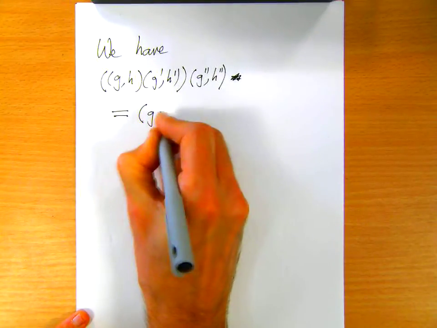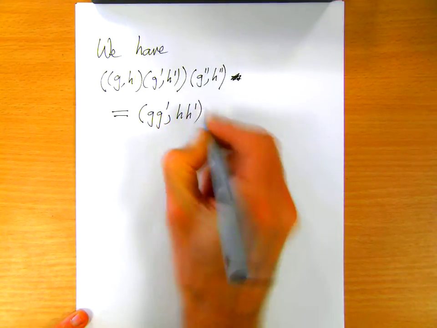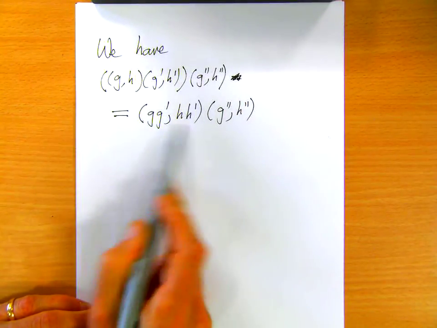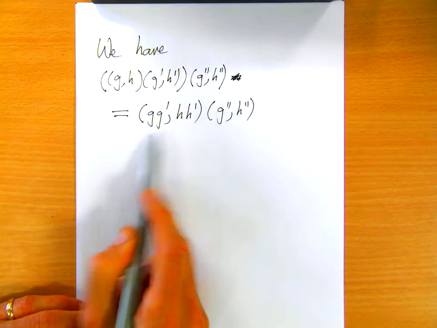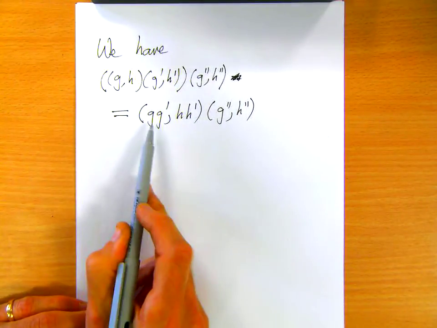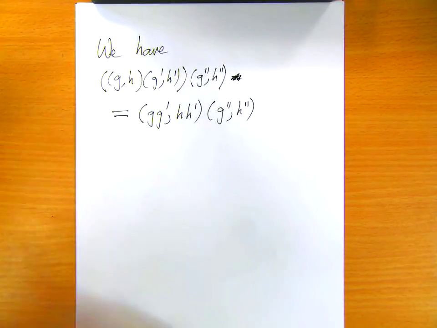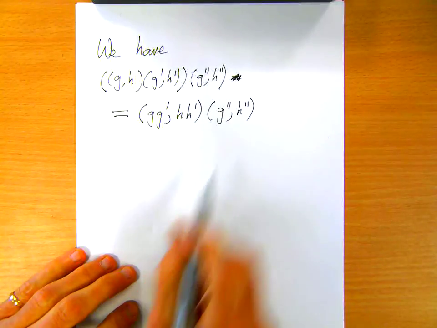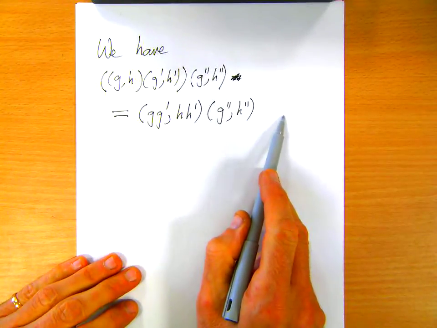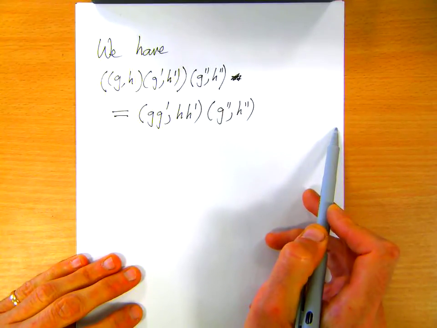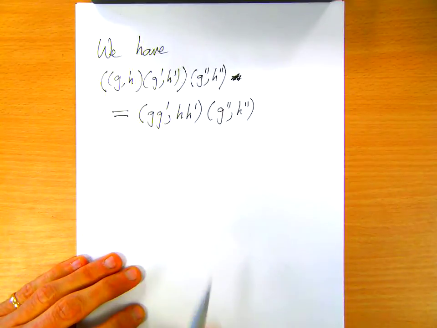So that means I get (gg', hh'). I've multiplied the first two together using the definition of the binary operation I had a few minutes ago. Remember, you keep the stuff in G together, you keep the stuff in H together. G and H aren't getting their hands on each other because there's no interaction between G and H. So that line follows by definition of the binary operation on G cross H.